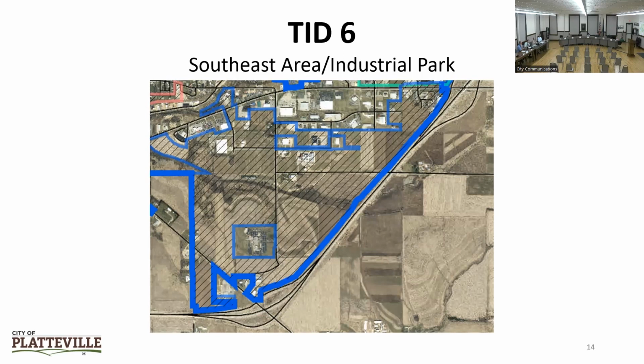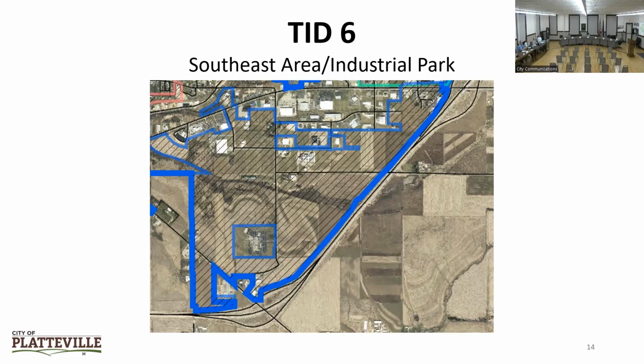The last date to incur project charges was in 2021. The original date of dissolution was in 2026. This is also a mixed-use TIF. It had a maximum life of 23 years, but we have extended it by 6 years. And when we look at the chart in a minute, we'll see that.